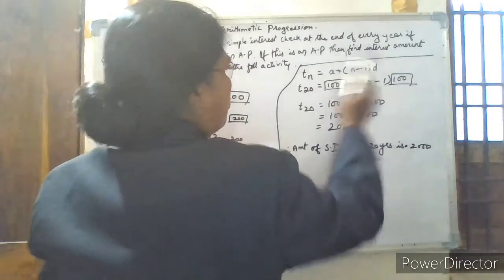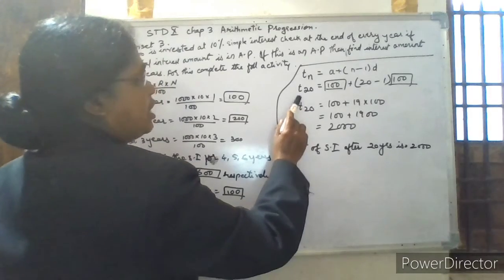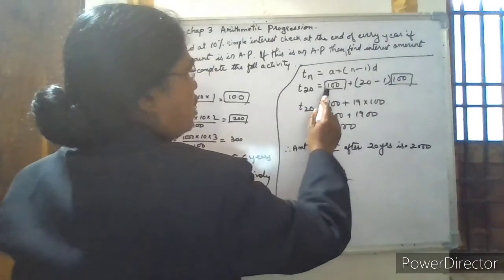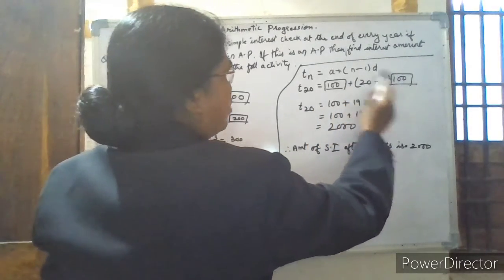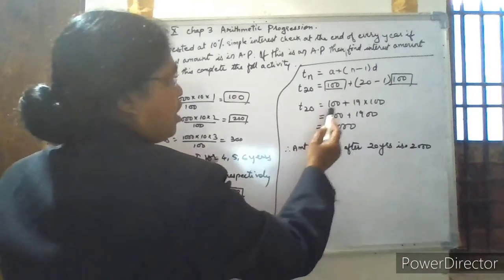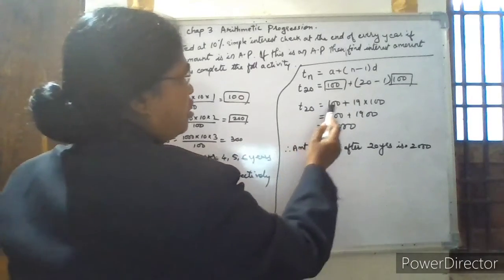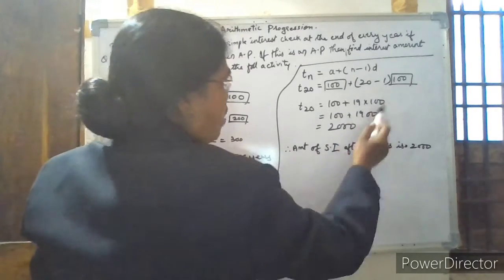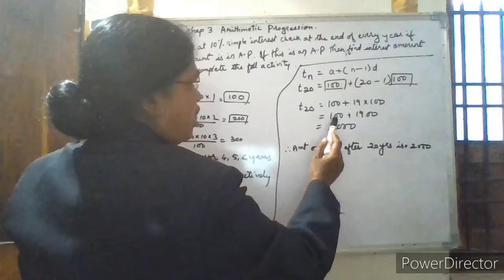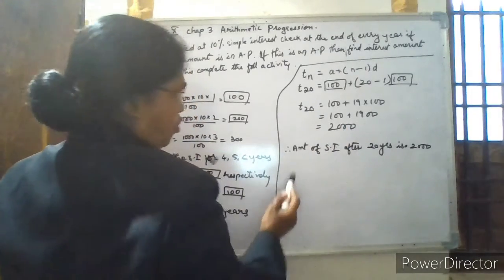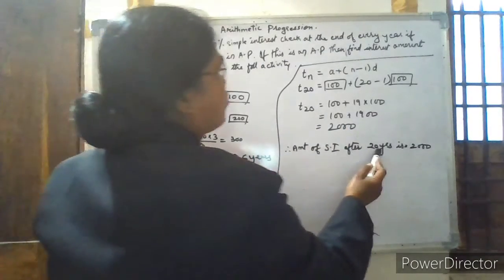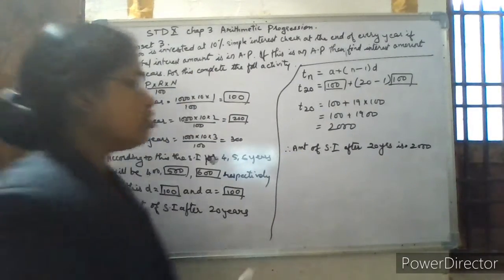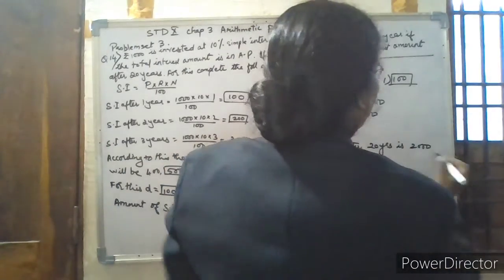Put the values: a is 100, plus 20 minus 1 into d, which is also 100. So the 20th term is 100 plus 19 into 100, which is 1900, and 1900 plus 100 gives 2000. So the simple interest after 20 years, that is the 20th term, is 2000 rupees. This is the solution of this activity.